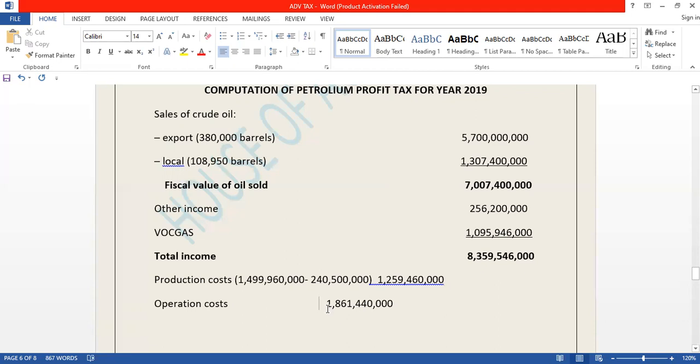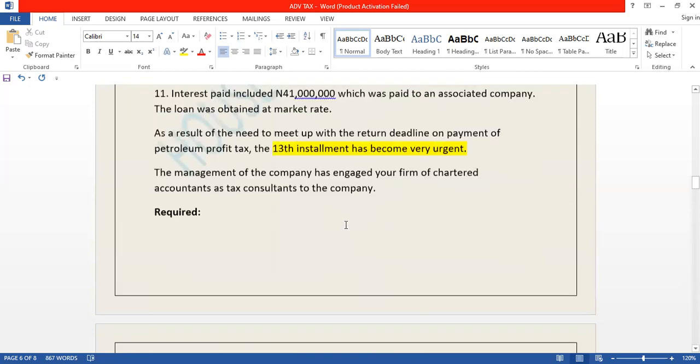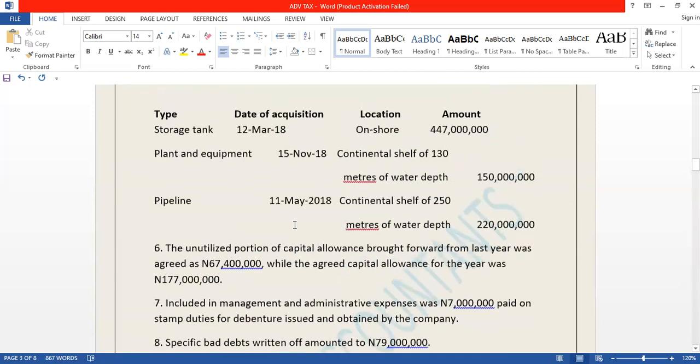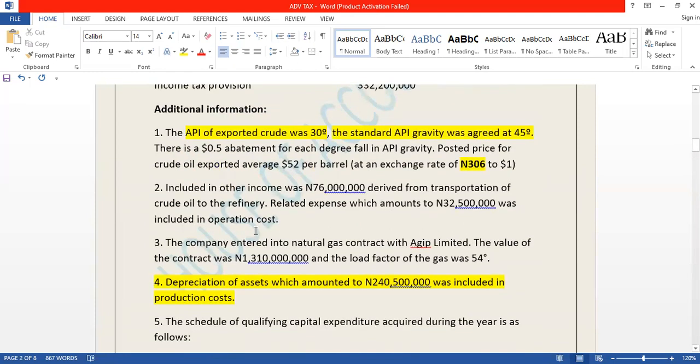Let's go back to see if we have anything concerning that. So for operation cost, I'm not sure there's any information concerning operation cost. So there's one here for operation cost. So they said, let's see what they're trying to say.